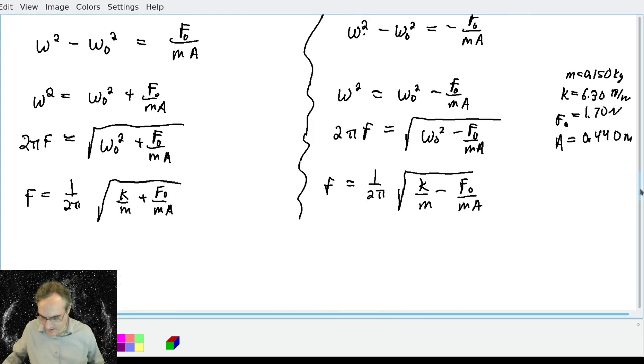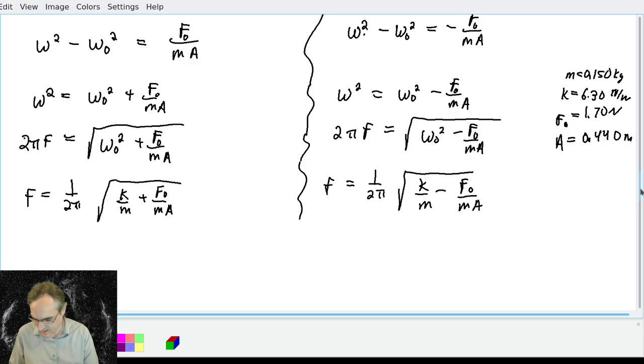Alright, so with those values, let's have at it. I'm going to find out what 1.7 divided by 0.15 times 0.44 is, and store that on my calculator because I'm going to want it. K over m, same deal, 6.3 divided by 0.15, and store that.